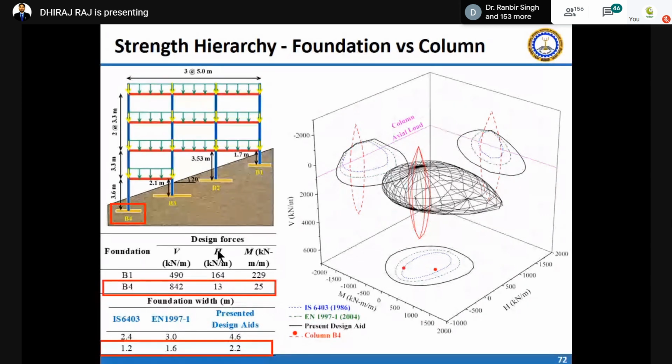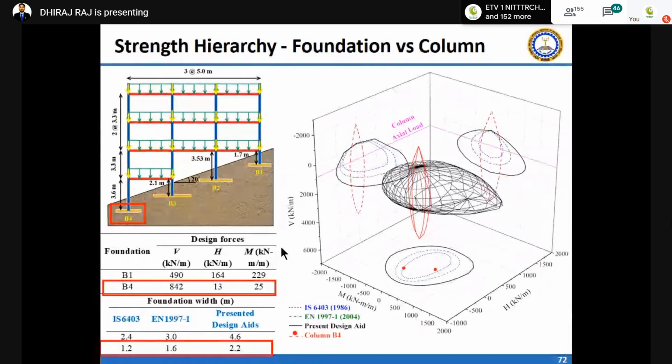So here we have very low horizontal force and moment. That's why, for an unknowingly targeted factor of safety, these foundations are safe. So I am saying our foundations are not always safe if you use these or other codes.